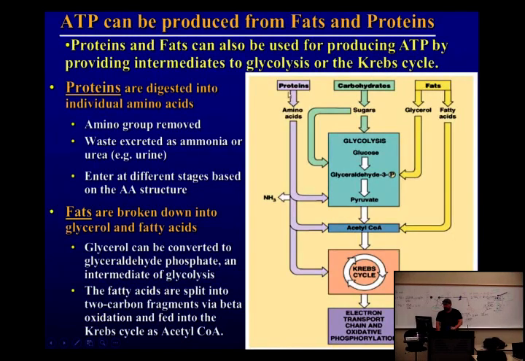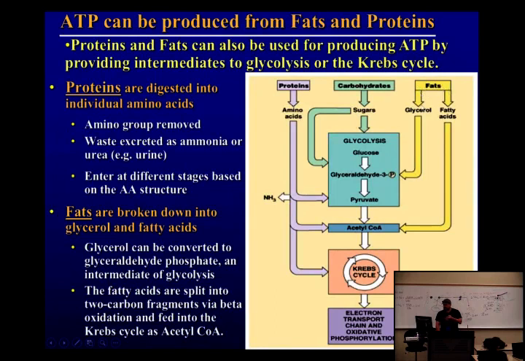No matter what you're eating, all of that gets broken down and put into this glycolysis, Krebs, and electron transport pathway at different places. So depending on what kind of amino acid it is, it'll get shunted in at acetyl-CoA or directly into the Krebs cycle. Some sugars bypass the first few steps of glycolysis and enter at glyceraldehyde 3-phosphate.